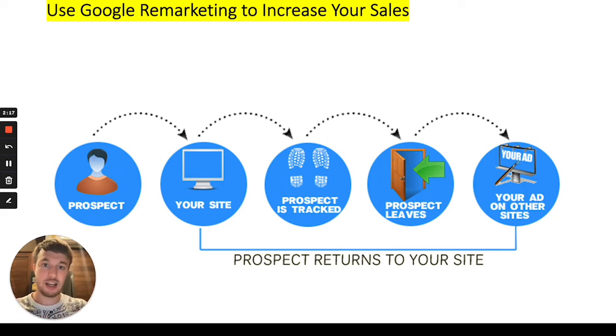But imagine this, what if the owner had a tracking app? They put it on your phone, and once you leave the shop, the ad for that coffee shop is going to appear on the next site or something similar to that. Very, very powerful. Now this was an offline example.